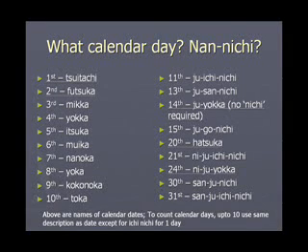However, there are three exceptions. 14th is called Ju-yokka and not as Ju-yon-nichi. 20th is called Hatsuka and 24th is called Niju-yokka. The rest of the days have the format with Chinese number with the counter nichi. The 30th is Sanju Nichi and 31st is Sanju Ichinichi.